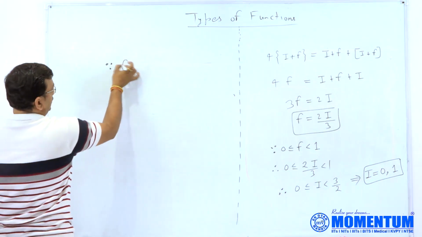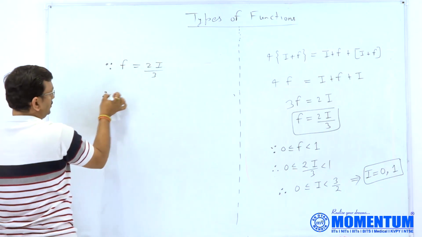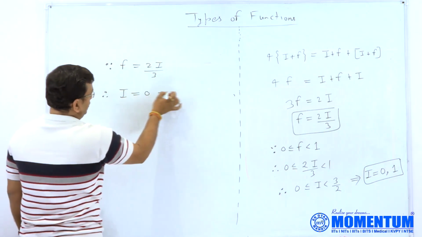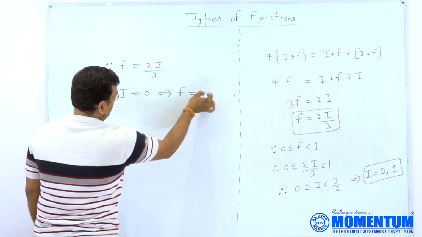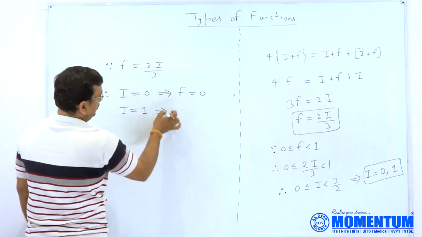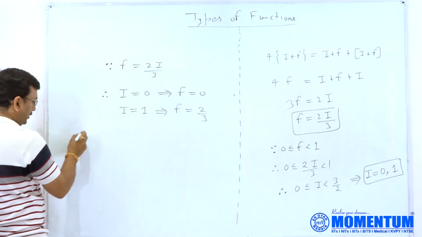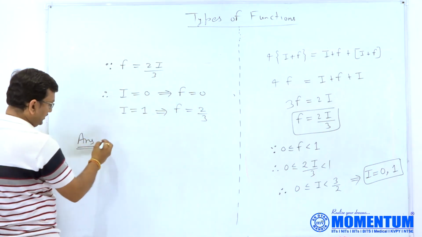Since f is equal to 2i by 3, I is equal to 0 implies that f is equal to 0. I is equal to 1 implies that f is equal to 2 by 3. Now I am going to write the answer.